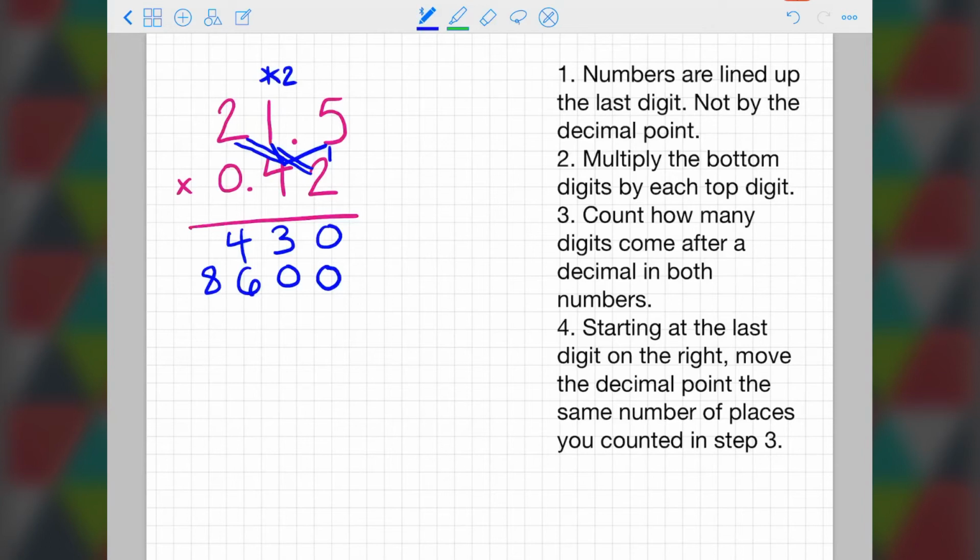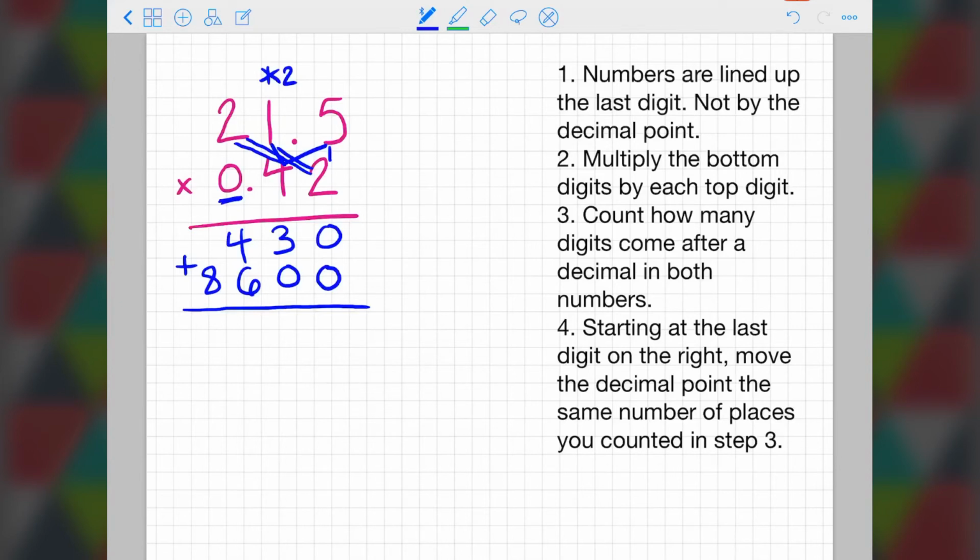Now we do have a 0 over here on the other side of the decimal point, but 0 times anything is just going to be 0. So I don't have to do a row of zeros because I'm about to add these numbers up, and I don't need to add an extra row of zeros.